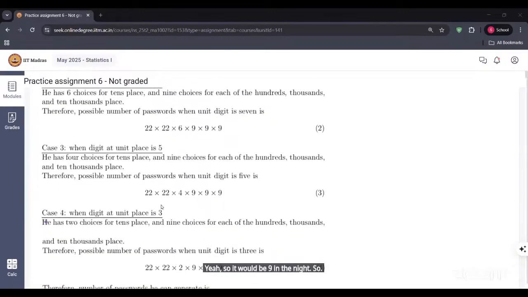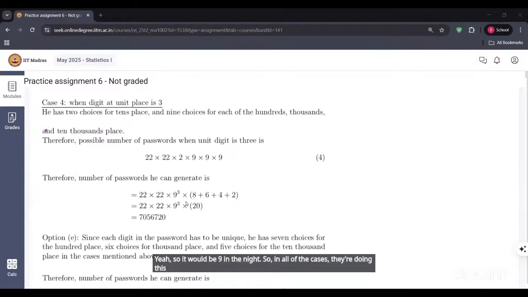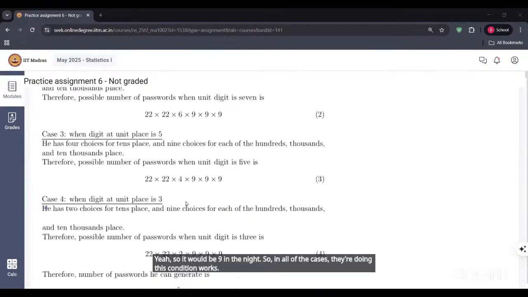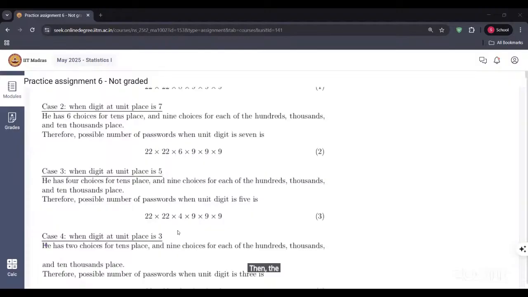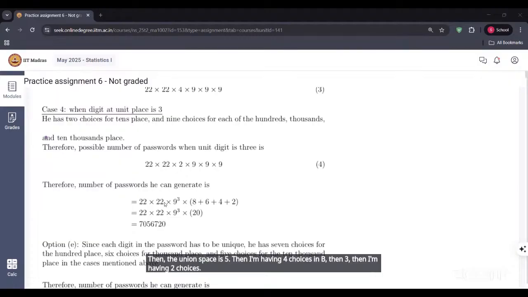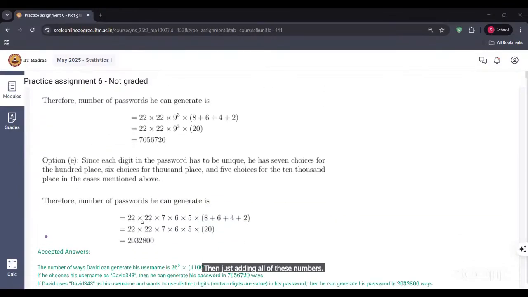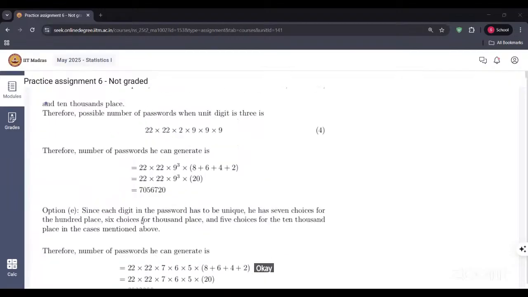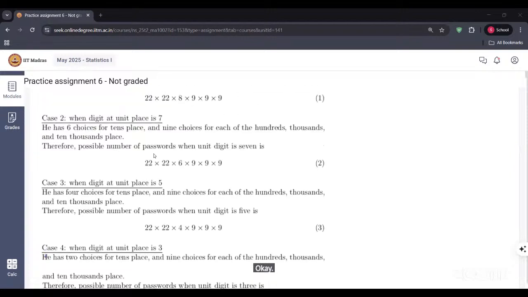In all of the cases, they are using this condition. Then if the unit place is 5, I'm having 4 choices in the tens place. Then for 3, I'm having 2 choices. Then just add all of these numbers. Okay. Okay then. So anything else?